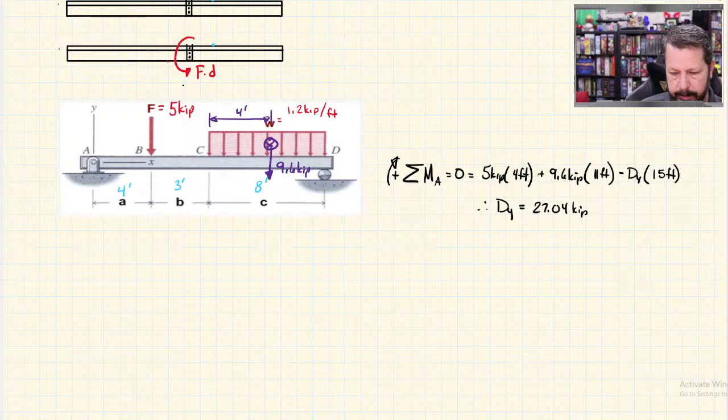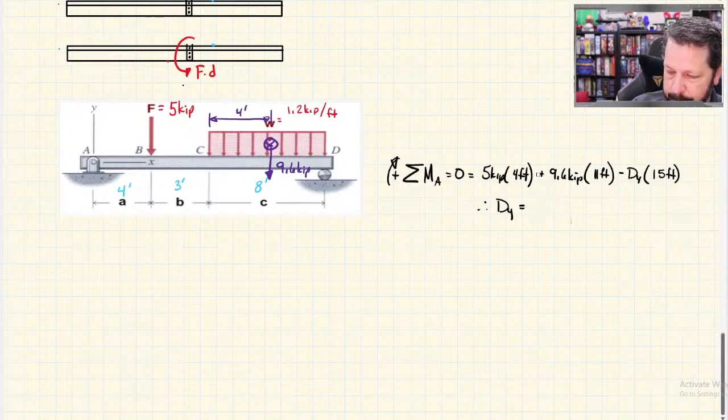Hold up. 5 times 4 plus 9.6 times 11, divided by 15. All right, 5.7. I did something wrong before. It comes out 5.70 and a bunch of 6s, so I'm going to round it somewhere, maybe here.